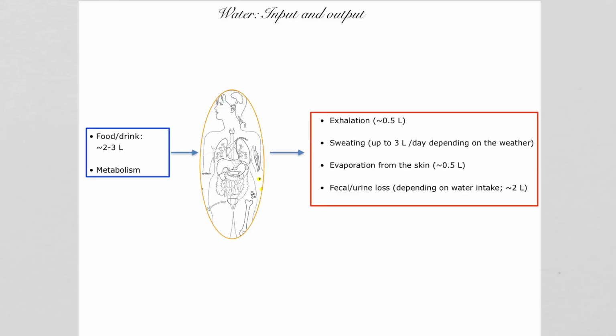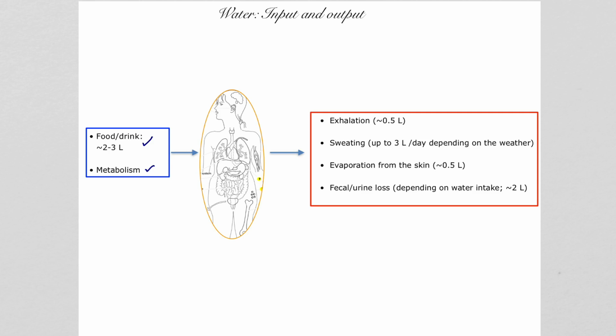So as previously mentioned, the amount of water in the body must be kept within a certain optimal amount. Water enters the body mainly through food and drink, and water is also produced during metabolism, especially during energy metabolism.